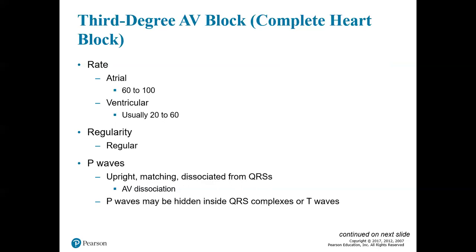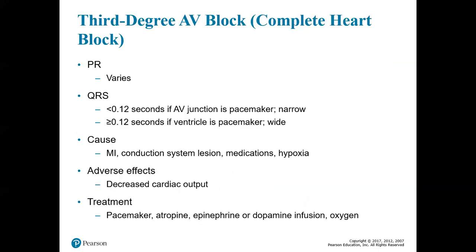Also with your complete block, you may have those hidden P waves. Adverse effects will be decreased cardiac output, and of course, for treatment, these patients are definitely going to get a pacemaker, your heart rate increasing drugs such as atropine, epinephrine, dopamine infusion, and oxygen.